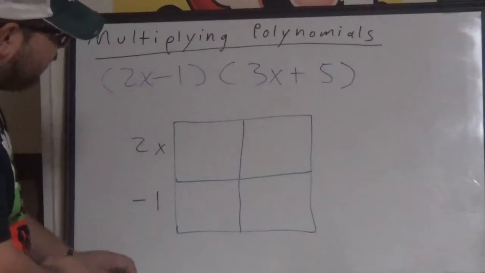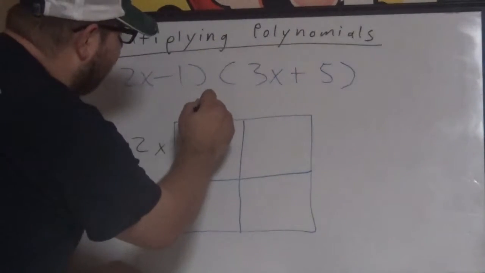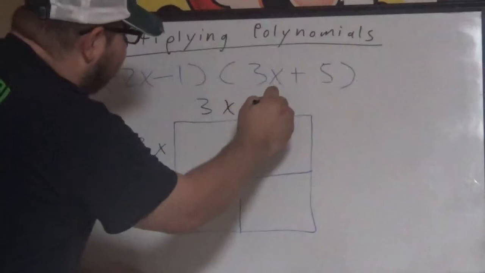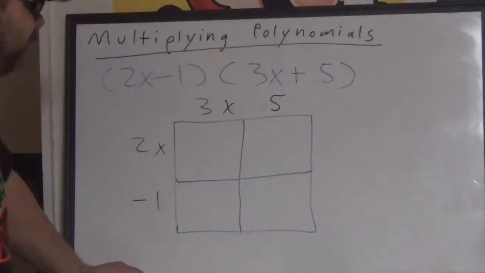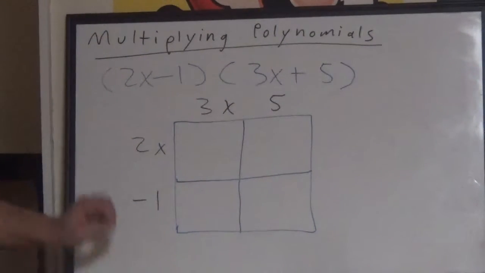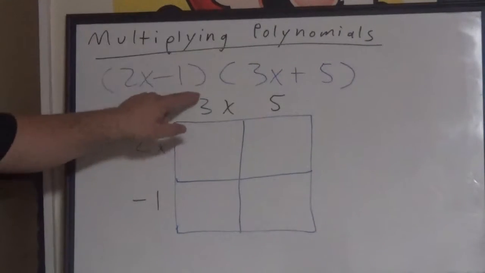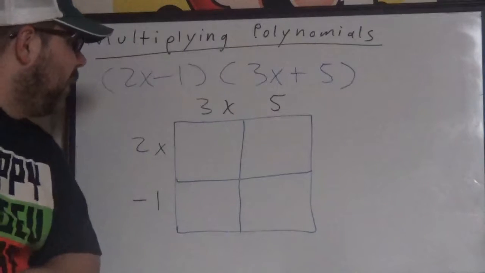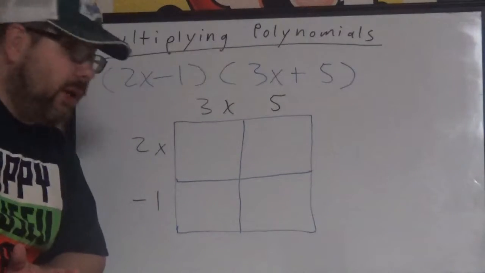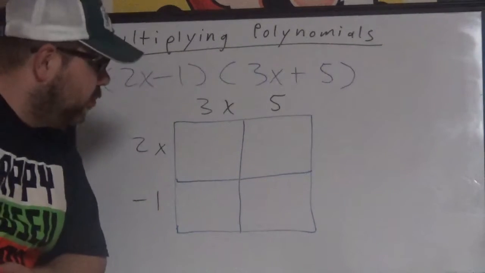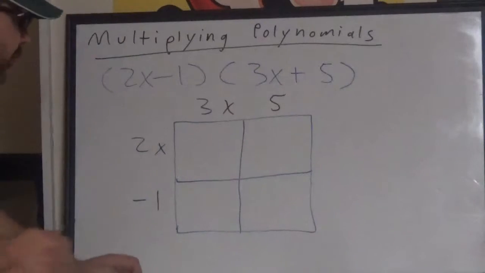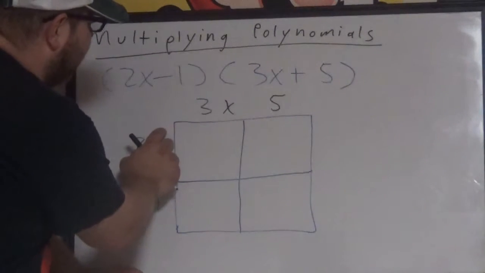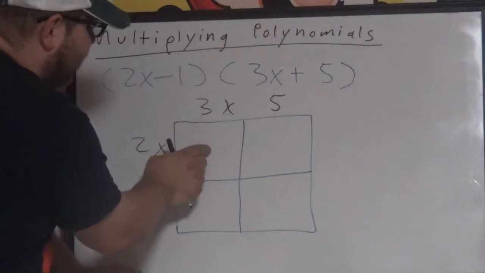And on top, we have 3x plus 5, and I'm going to write each term from that binomial. So we have 2x minus 1 times 3x plus 5. Now, we have 4 boxes. And I'm going to fill each box with a product, and always start at the top left.